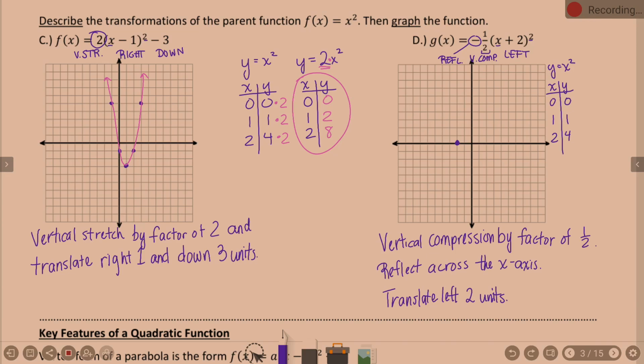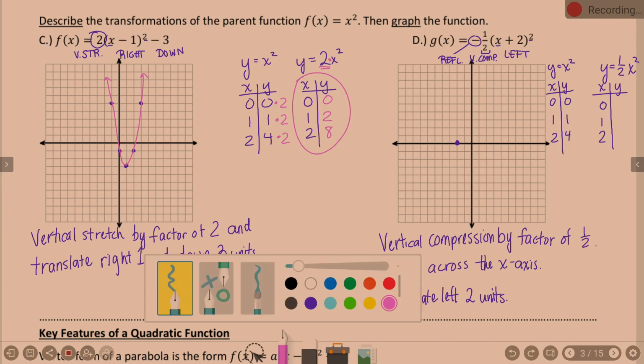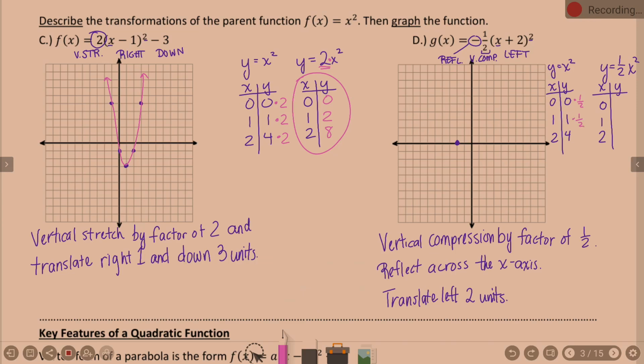We're being asked to graph y equals 1/2 x squared. So again, x values don't change. Y values, you're multiplying by 1/2. What's half of 0? Half of 1? 1/2, 0.5, half of 4, 2.